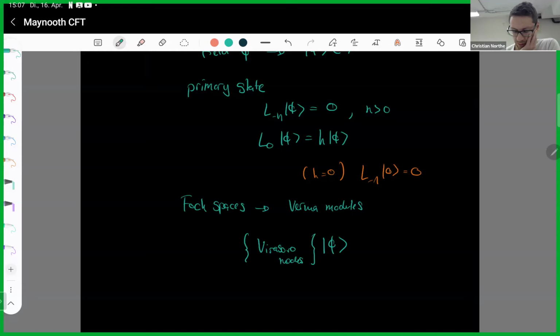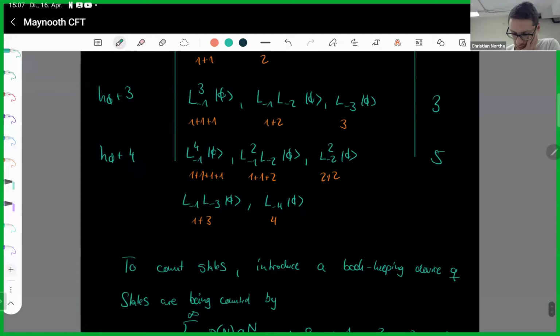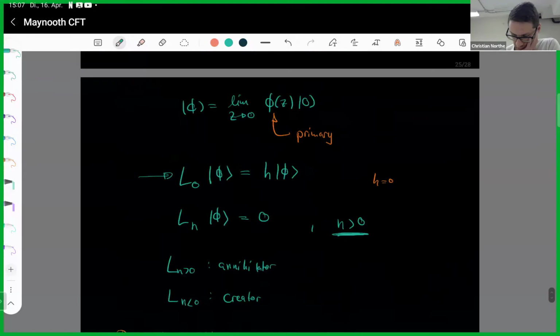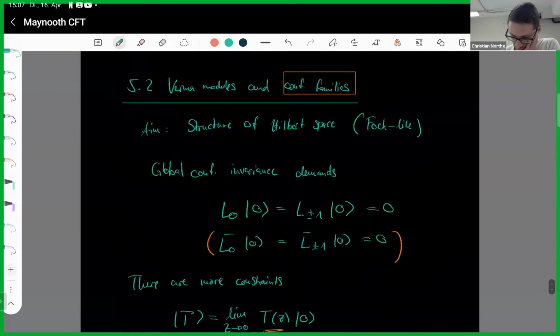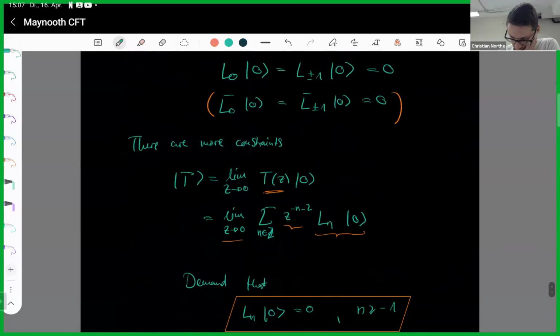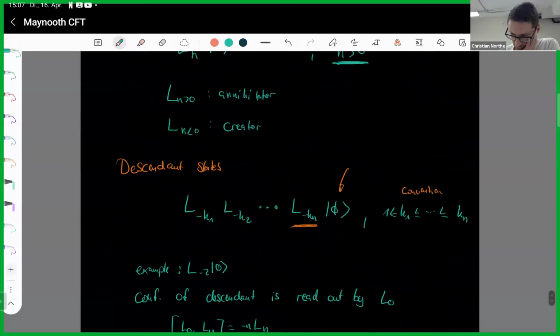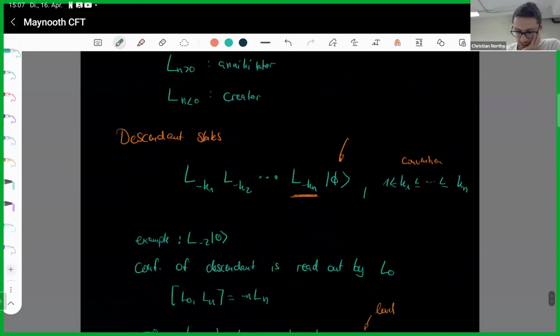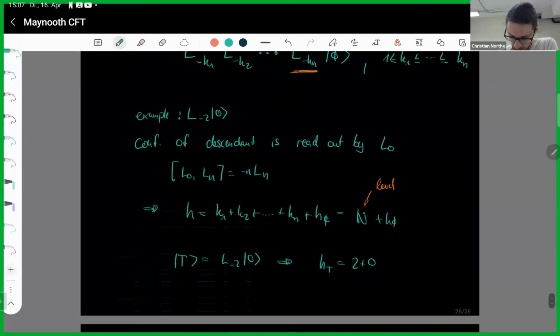So we act with that on top, and that was just to remind you, these are the descendant states. In this manner, we build a Fock space, and that's called the Verma module.